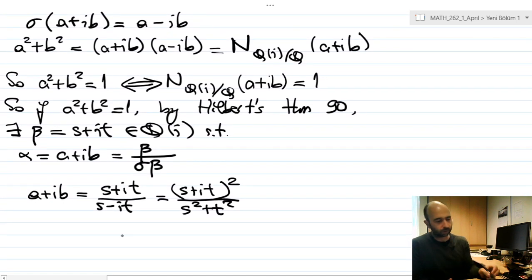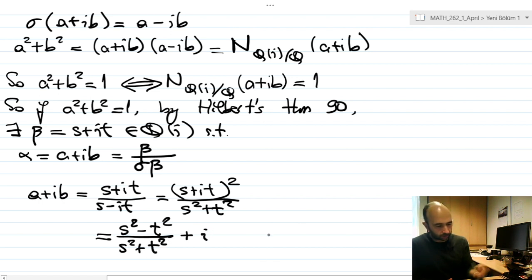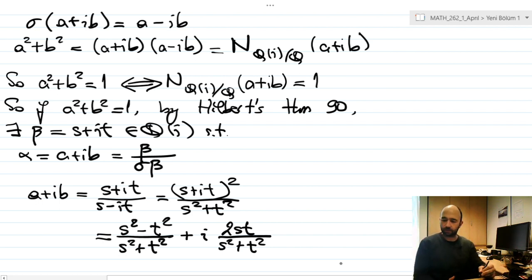And if you carry this out, it is going to give you exactly s squared minus t squared over s squared plus t squared plus i times 2st over s squared plus t squared. Now you equate the real and imaginary parts, which gives you the result.